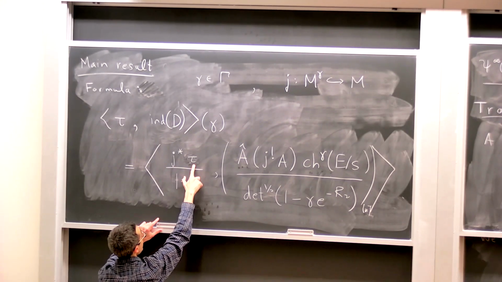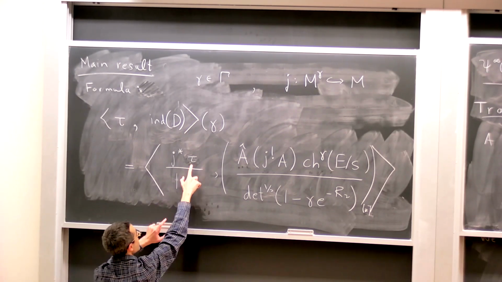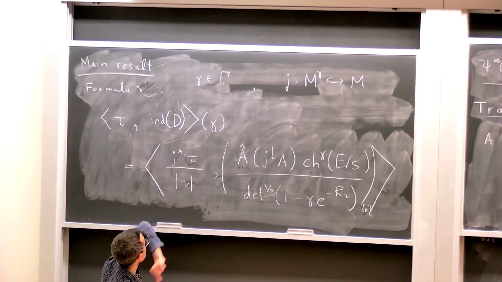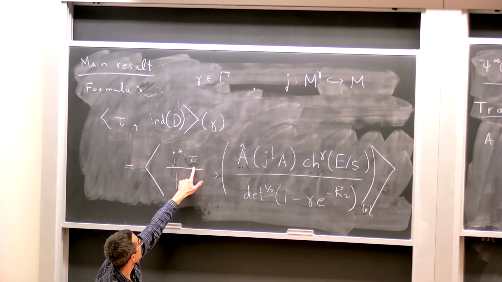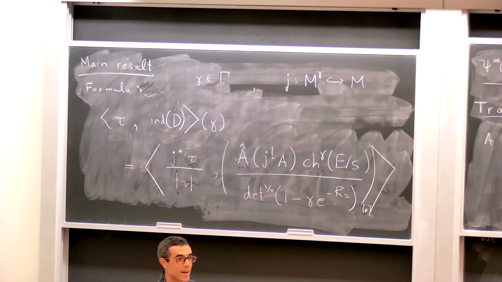This pullback of tau divided by nu. Okay, basically, think of the pair groupoid case. Tau represents integration over M. When you pull this back to the fixed point set, that becomes integration over the fixed point set, essentially. And here we're dividing out by a density in the normal bundle direction determined by the metric, basically. Okay, and I should stop there.